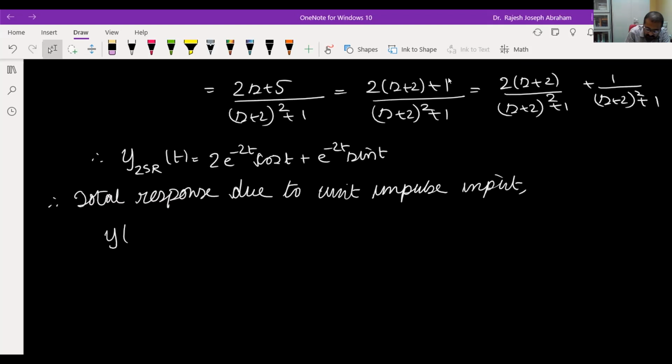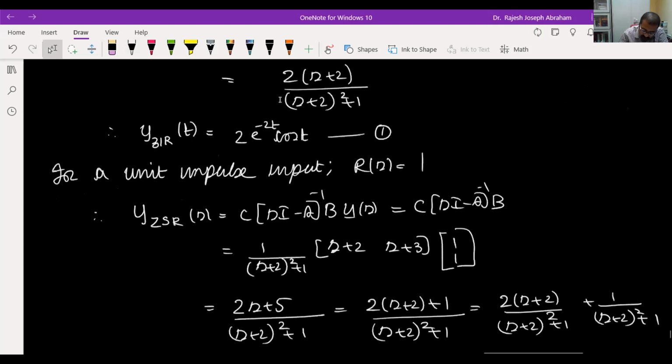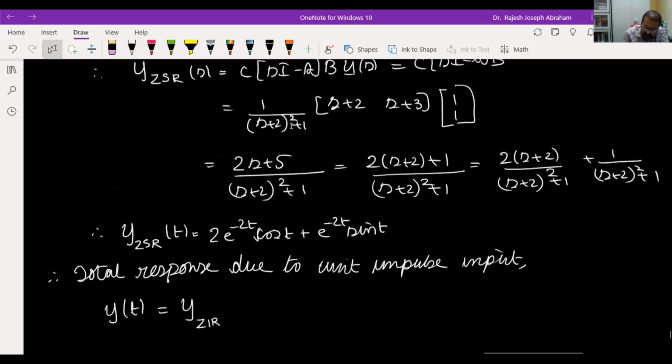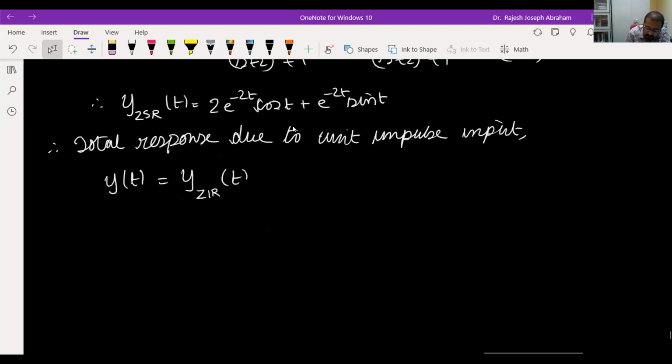Will be y of t equals y0, the initial state term, right? What was that? Yeah, zero input response plus zero state response.